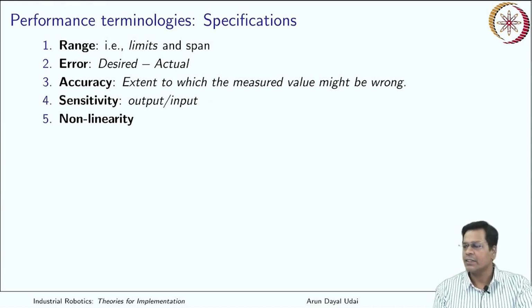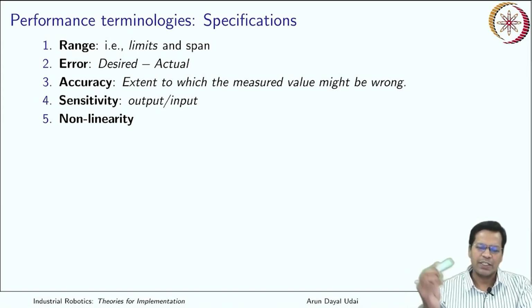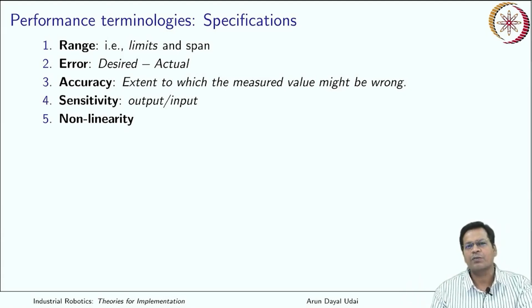Okay, so non-linearity is something which is again not desirable, because it becomes very, very difficult to estimate the kind of signal which is there. Let's say it is a displacement sensor built from a potentiometer, you know it is linear. Okay, so the output voltage is proportional to your input displacement. So if it is 0 to 180 degrees for 0 to 5 volts, and it is showing 2.5 volts, you can directly say yes, it is 50% of the full scale.